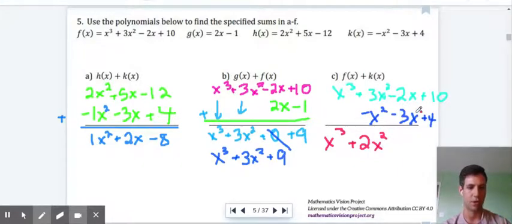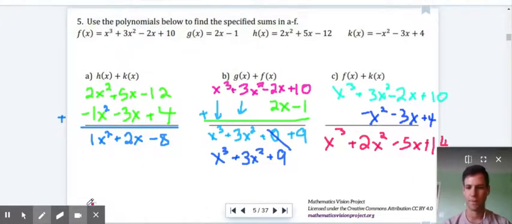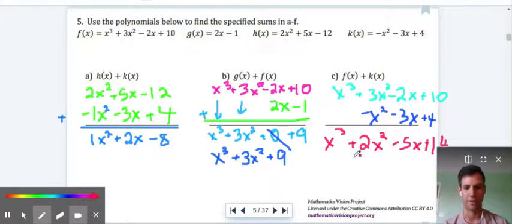And negative 2 plus negative 3 is negative 5x. And 10 plus 4 is equal to 14. That's a 14 right there. I'm going to cut off a little bit by my picture. So that's right there a lot of our good examples of addition.